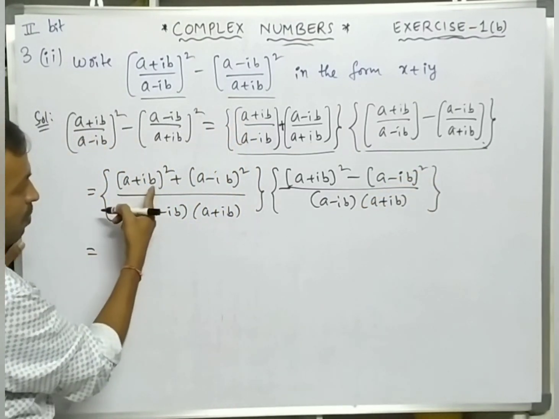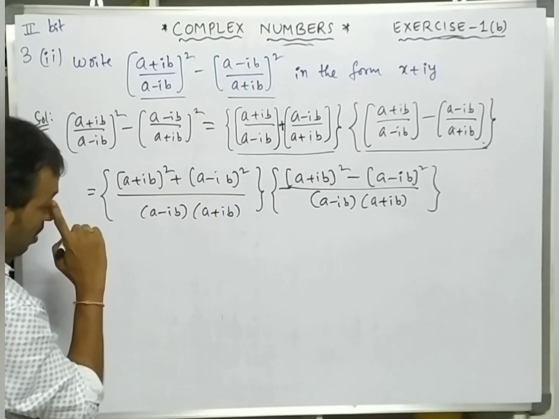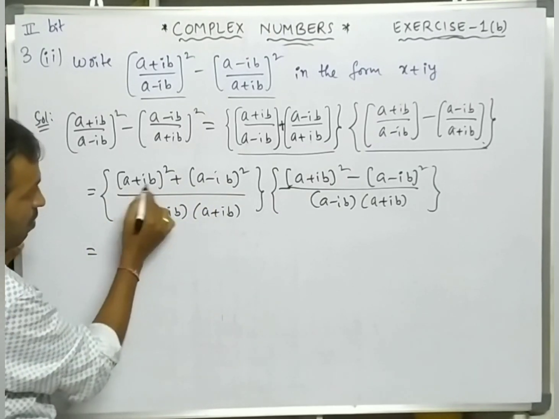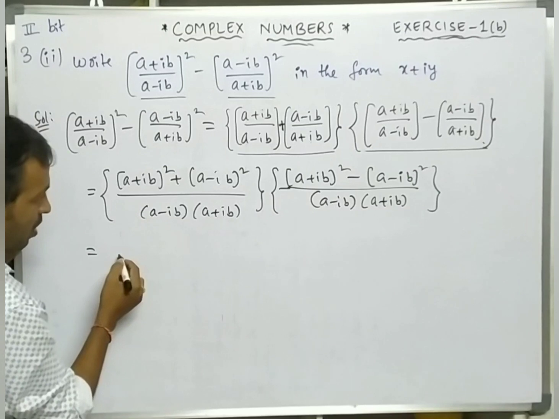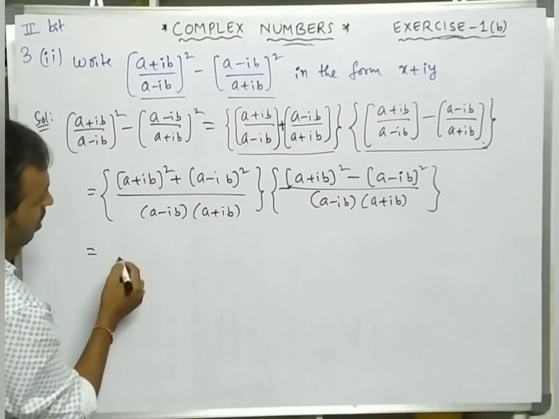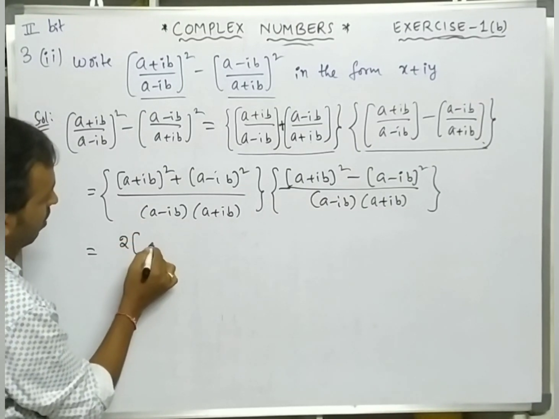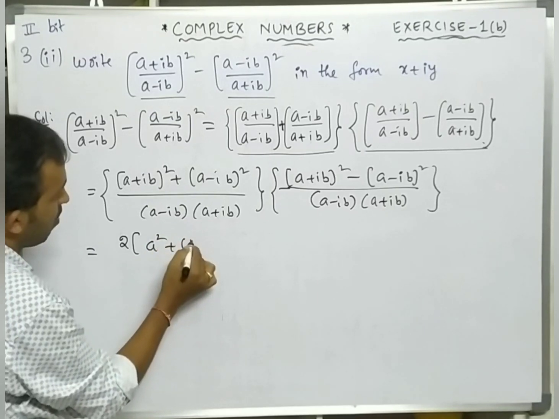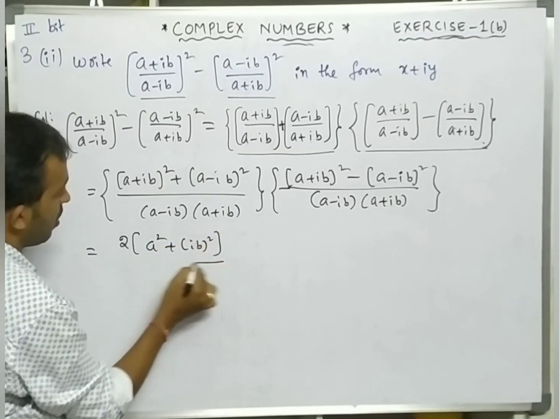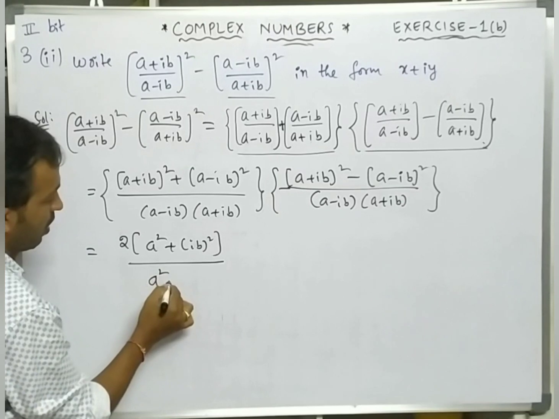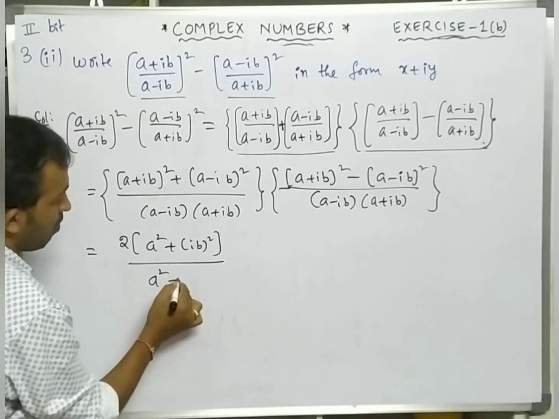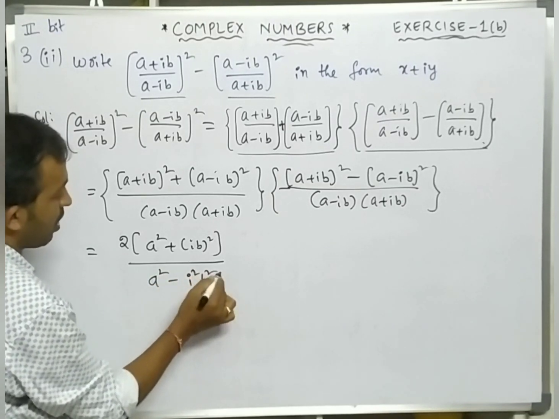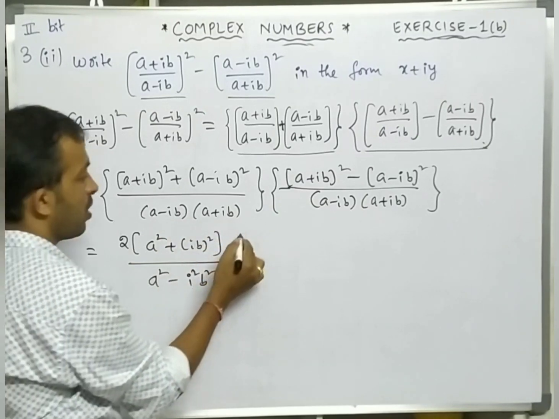Now for a plus b whole square plus a minus b whole square, the formula is 2 into a square plus b square, divided by here a square minus i square b square, which is a minus b into a plus b.